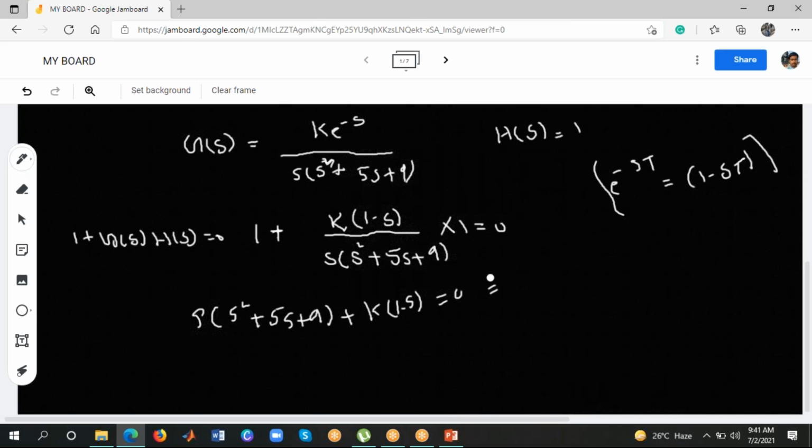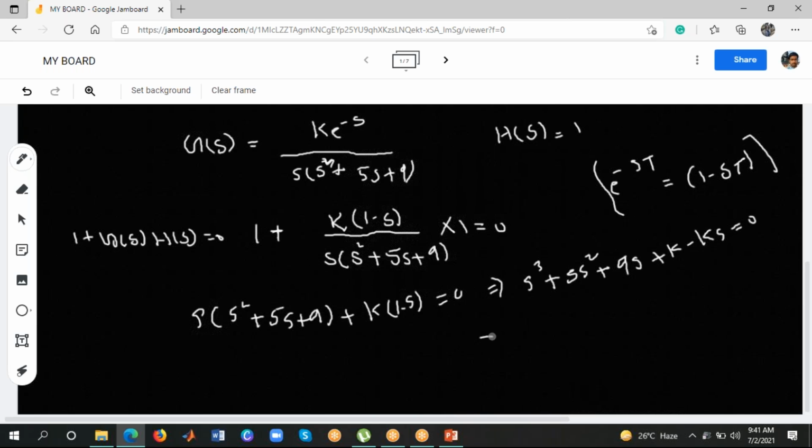So I'm going to write that characteristic equation: s cubed plus 5s square plus 9s plus k minus ks equals to 0.